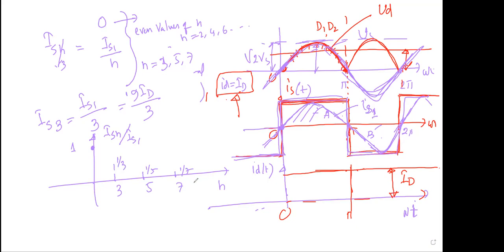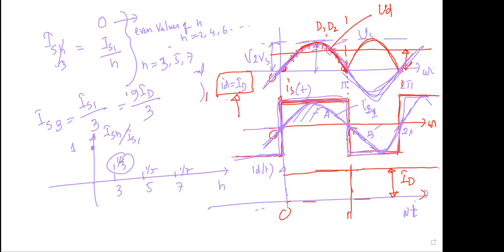So higher harmonic components will have very insignificant contribution to your current. Actually, this is almost very close to sinusoidal. That is why, and also it is 1/3 of the fundamental value. You understand it or not?